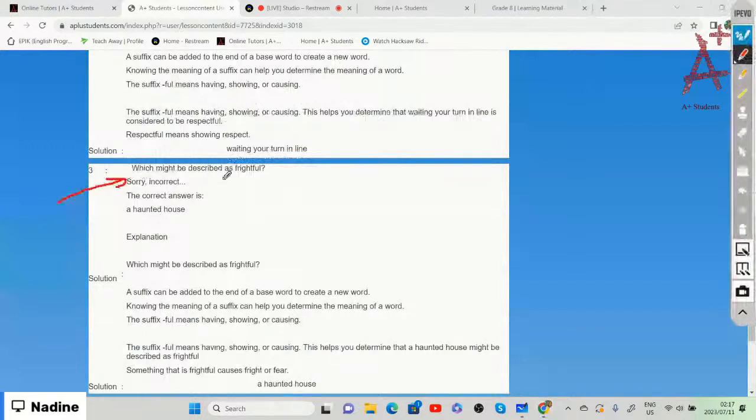Which might be described as frightful, frightful, right? Remember, we said full means having, showing, or causing. So what might be described as frightful? So they are mentioning a haunted house, right?